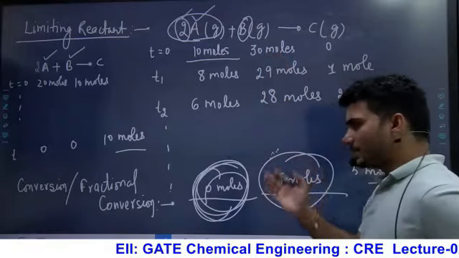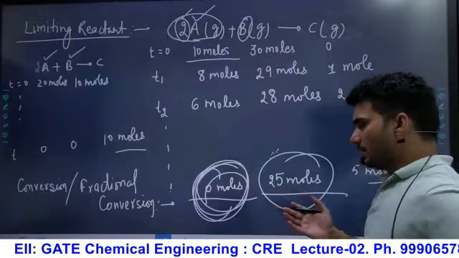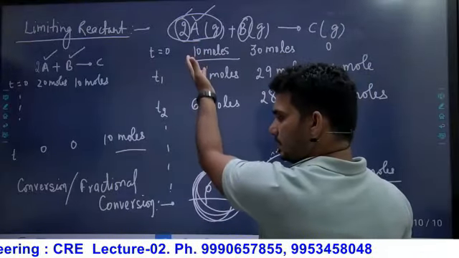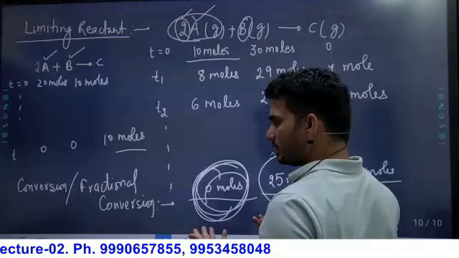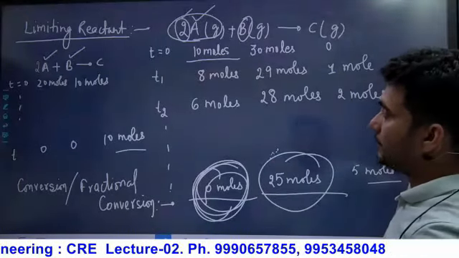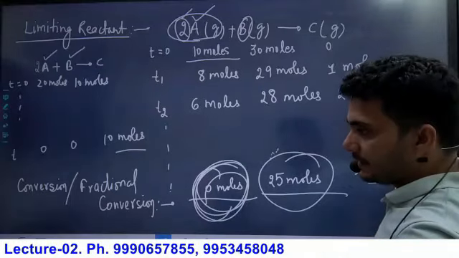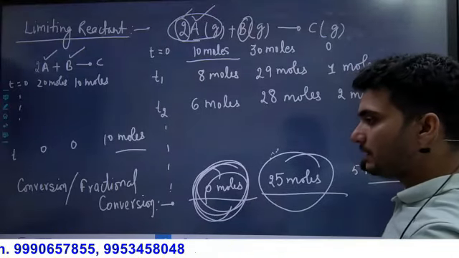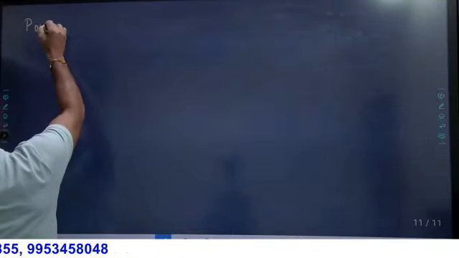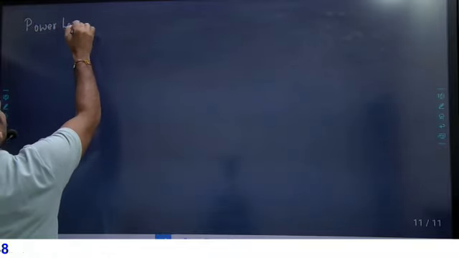So when it is not consumed, it wants to be consumed, but this reaction is not possible without A. So how will you define the conversion for reactant B? First of all, you will find out which reactant is the limiting reactant. Then you will define the conversion for that reactant. Try to understand.